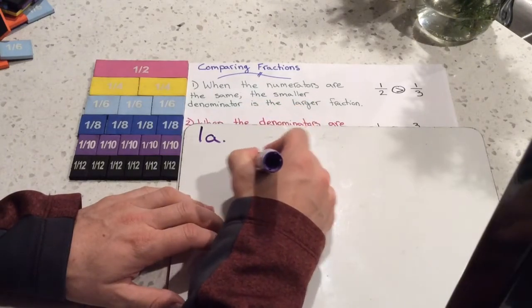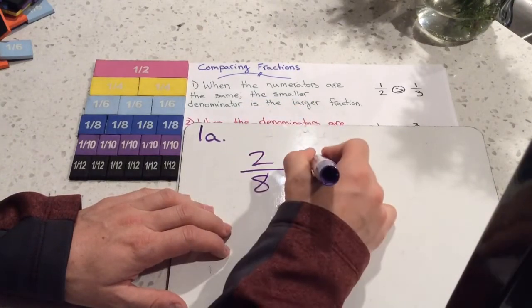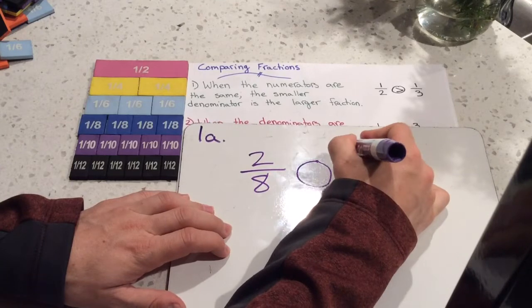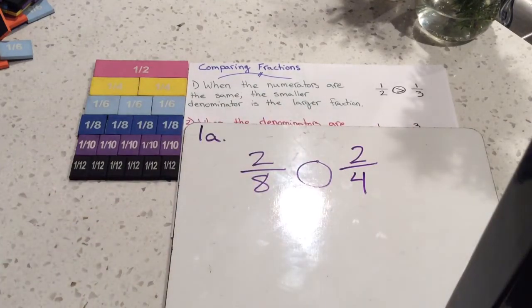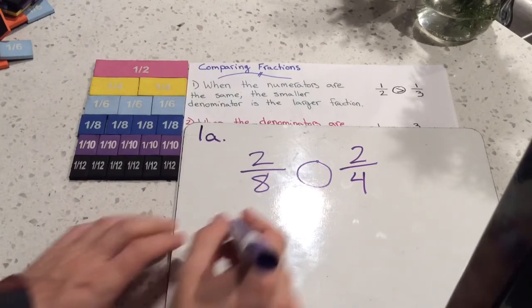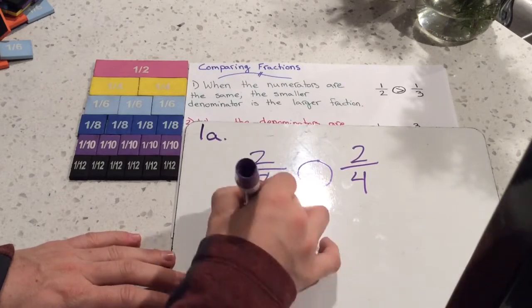And we're comparing 2/8 to 2/4. Okay, 2/8 and 2/4. It also gives you a picture where you can shade in 2 out of the 8 pieces and 2 out of the 4 pieces. I'll do a little demonstration here.